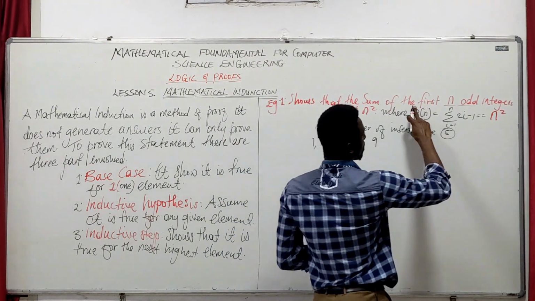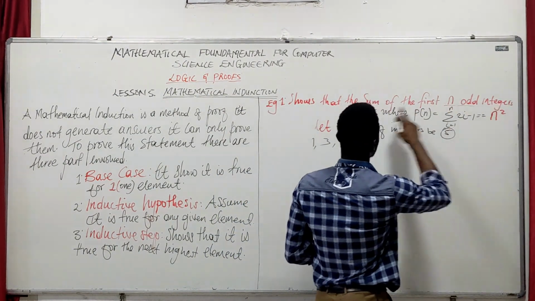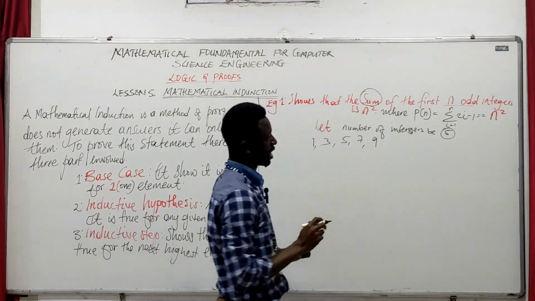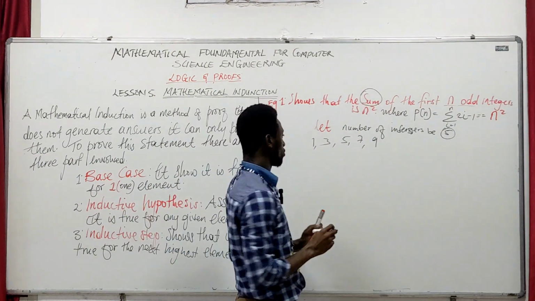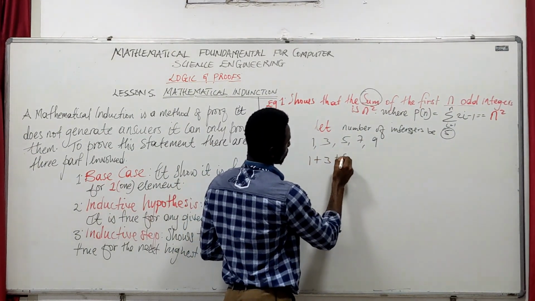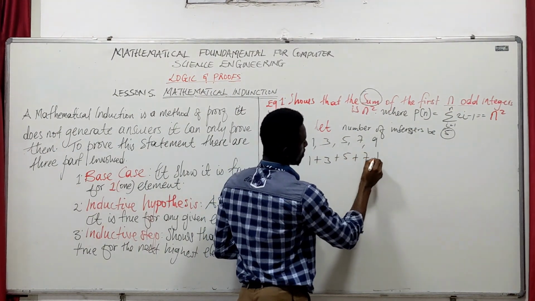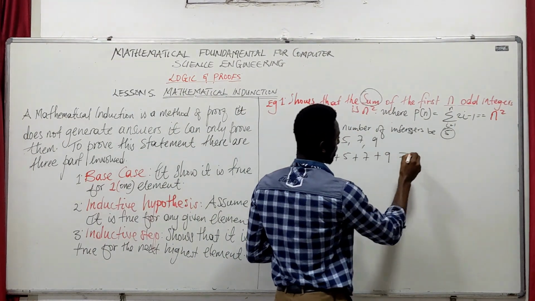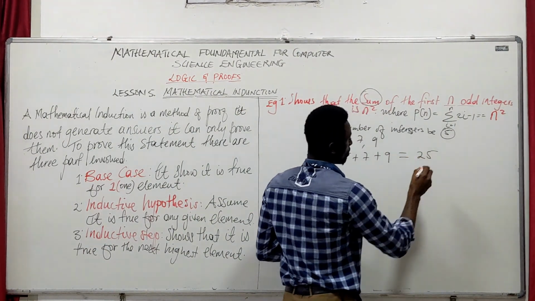But they said the sum of the first n odd integers. So first we need to sum these integers, then we'll see what our outcome will be. So here 1 plus 3 plus 5 plus 7 plus 9. Okay, when you add this, you get 25.